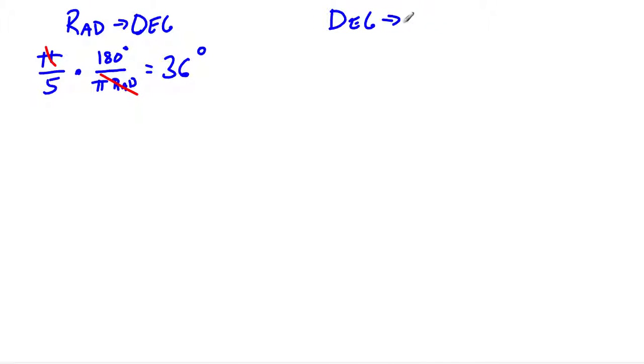Let's go the other way. Let's go from degrees to radians. Here, I'm going to choose a more straightforward number, something maybe we don't have to reduce. I'm going to make this up off the top of my head. Let's say 41 degrees. And in order to convert this to radians, remember 41 degrees is 41 degrees over 1.